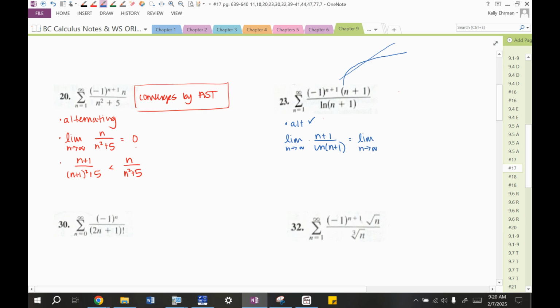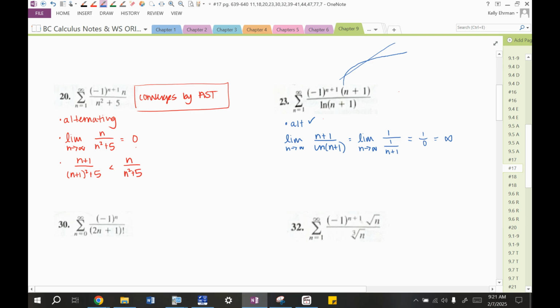I'm not formally doing it, but I would technically get infinity over infinity. In my head, it's like small infinity over big, but the derivative of n plus 1 would just become 1. The derivative of ln n plus 1 would be 1 over n plus 1. You can flip this around if you like, or you can just say this is like 1 over 0. Either way, you get infinity for that limit.